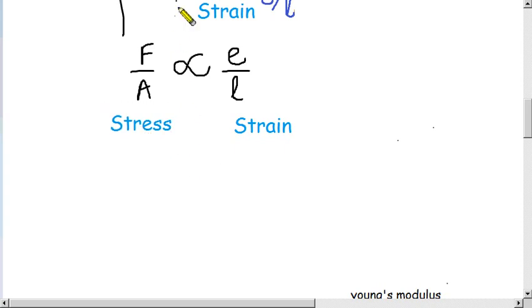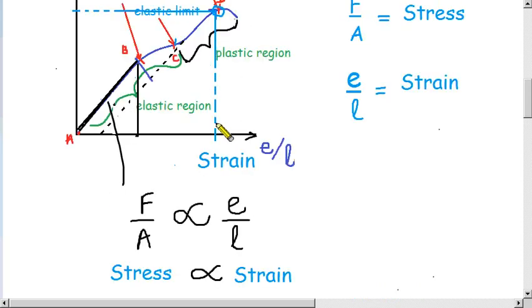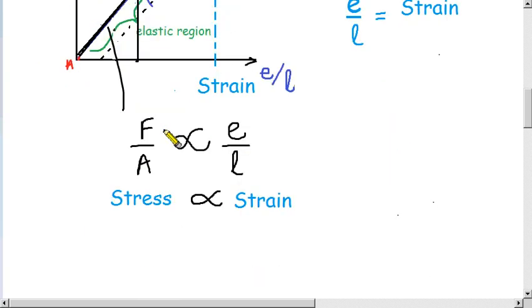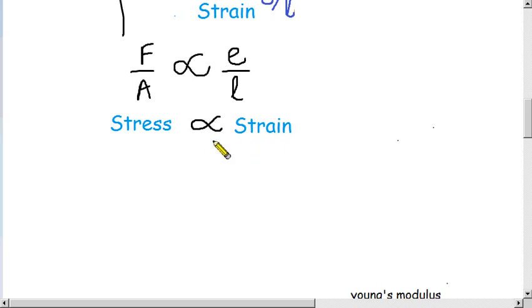But you must mention that it is not everywhere, only in this region. How to say that? If the proportional limit is not exceeded. That means anywhere you stay here is fine, but not beyond that. So when you write this relationship, you must say that.